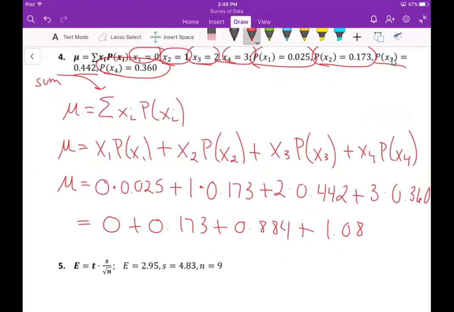Then you just add each one of those together, and your final answer, when you take 0.173 plus 0.884 plus 1.08, you get 2.137. So again, once you have all the numbers plugged in, it's easy to solve for that unknown, which was mu the whole time.